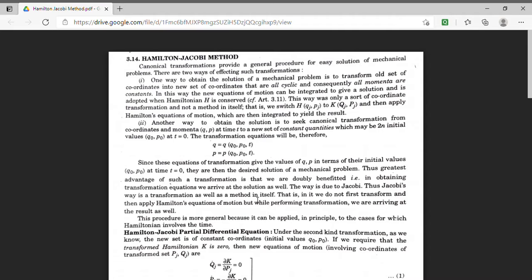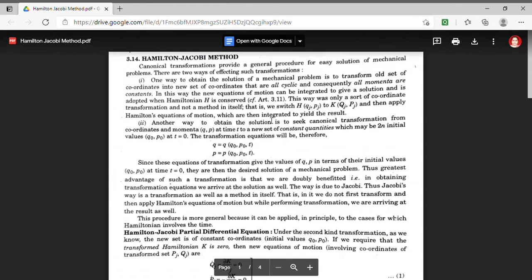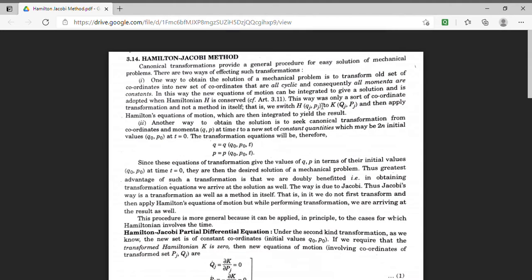And in the Hamilton method, in addition to coordinates, we also have to transform momenta. The old set of coordinates, as I have already stated in my previous lectures, are denoted by small q, small p, and the Hamiltonian in this set of coordinates is denoted by capital H. Capital H is the Hamiltonian in the old set of coordinates.